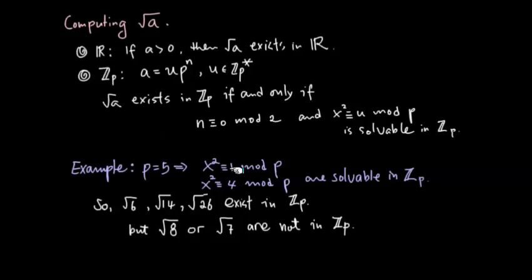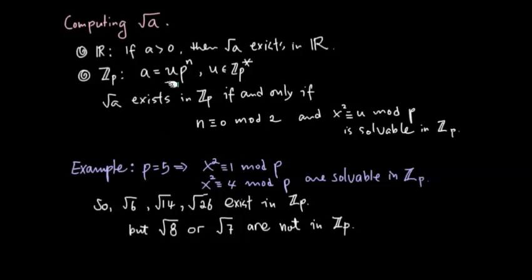If this u is 1 mod 5, then x squared congruent to 1 mod 5 is solvable, because 1 squared is 1, and also 4: if you square 4, it's 16, which is 1 mod 5. So we actually have two solutions at the mod p level.